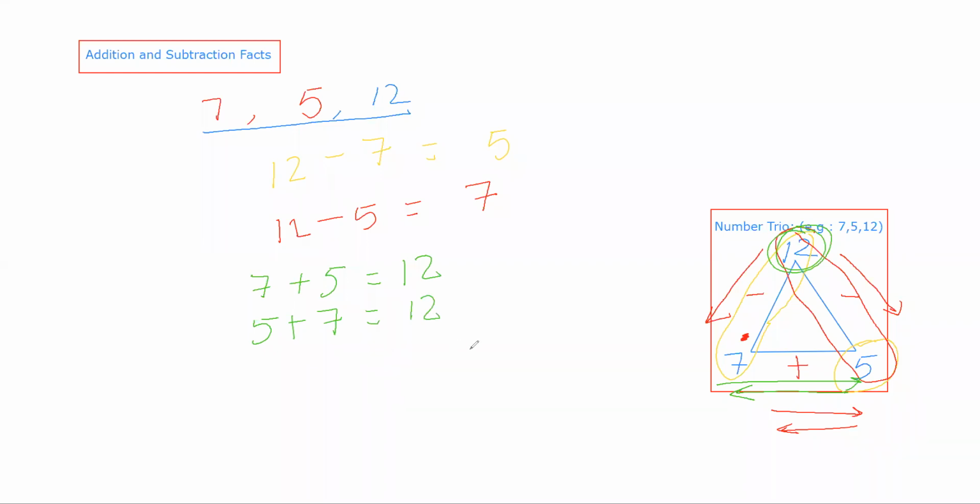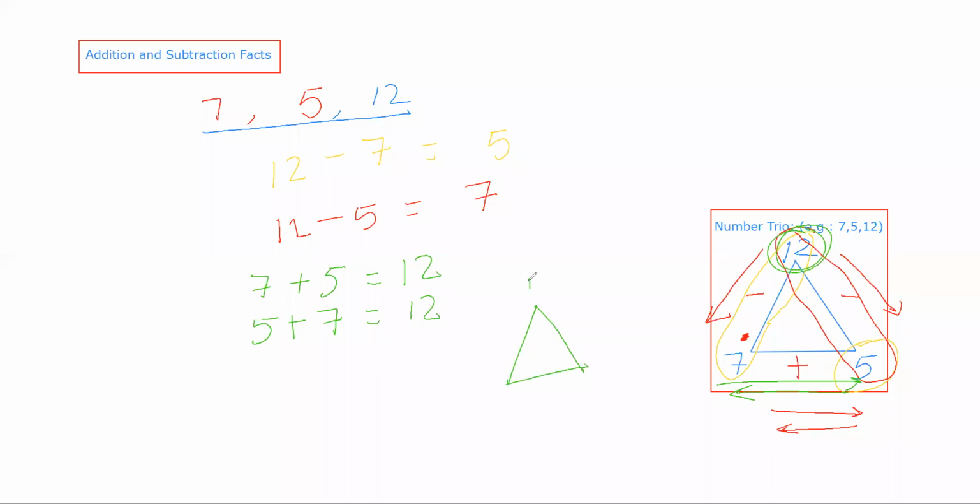Okay, understood? So this way I am able to find all four number facts by making a triangle and working out directions and signs. If you understand the triangle, just take a look again. Make a triangle first.